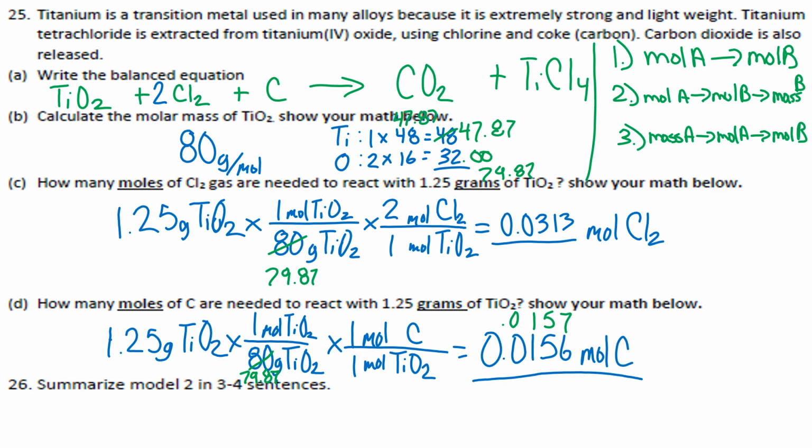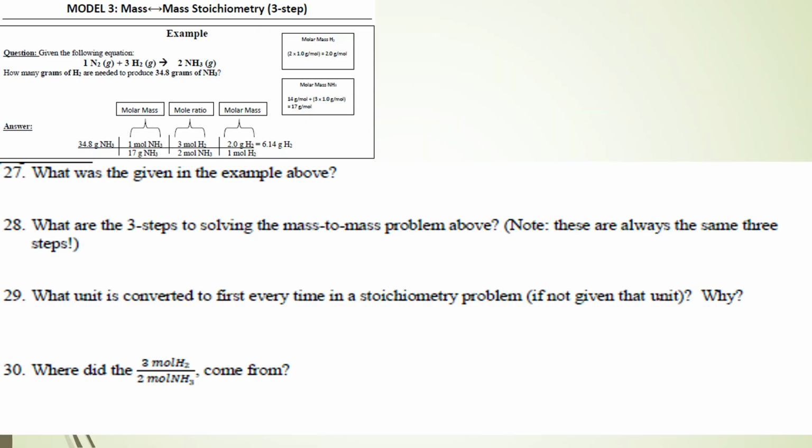It's going to be mass of A to mole of A to mole of B to mass of B. All right. So go ahead in your packet, change this to model 4 because I'm going to refer to it as 4. They didn't number the second part, the model before that.